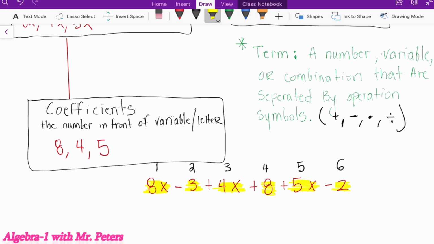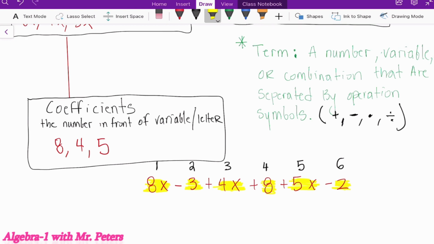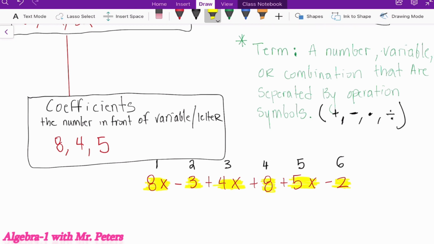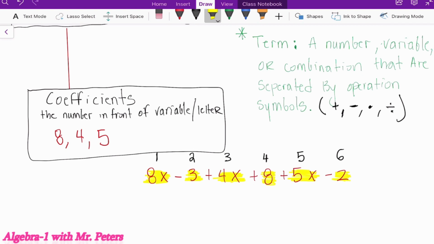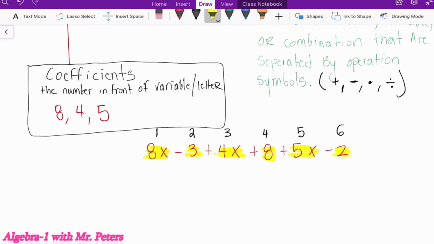Now let's go through and actually talk about adding our like terms. So when we're adding like terms, what I tell students to do is to put an addition sign and add everything. And only if it has a negative sign will you put it in parentheses with a negative sign, okay? So let's go ahead and do this right now so you see what I'm talking about.